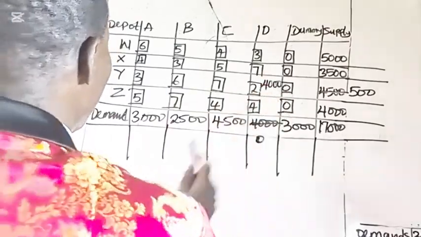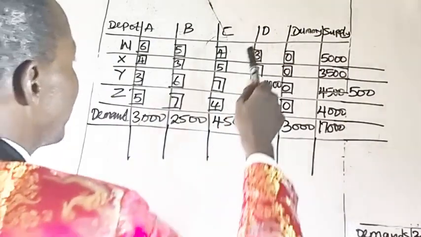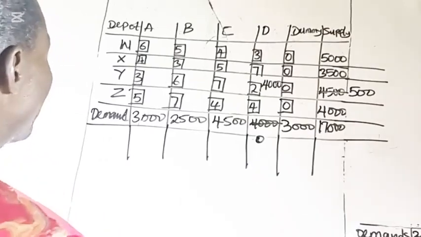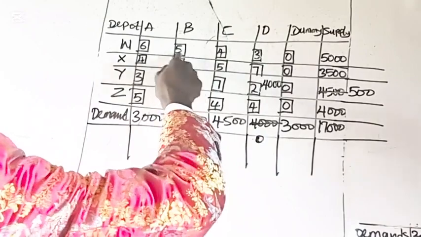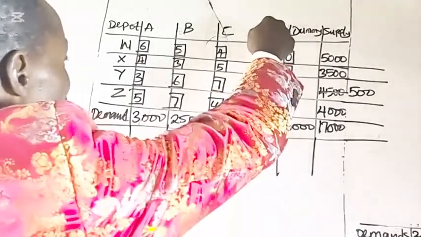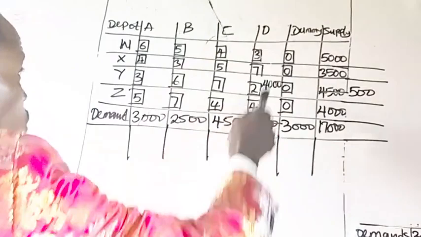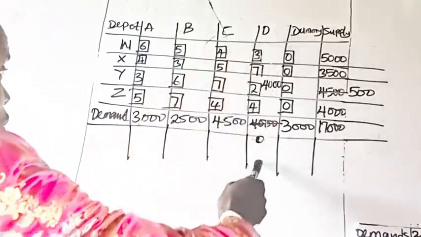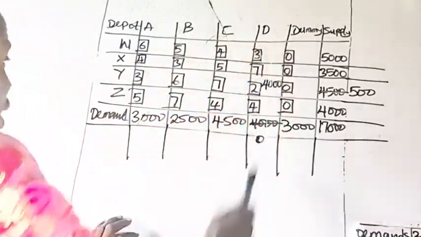Then after 2, the next least cost is 3. And we have 3 in more than one place. 3 is here, 3 is here, 3 is here. But remember, no further allocation can be made to this column since you have exhausted what you have in this column. No allocation can be made to this 3 again since you already have 4,000 within the column where you have that 3.